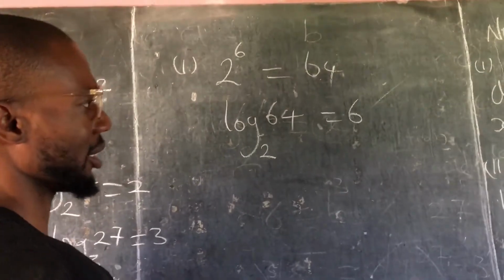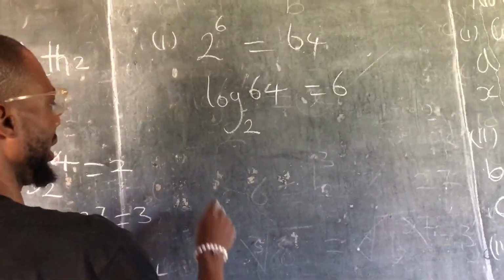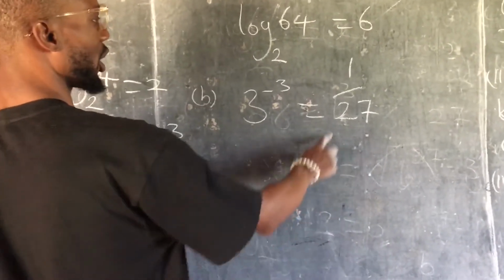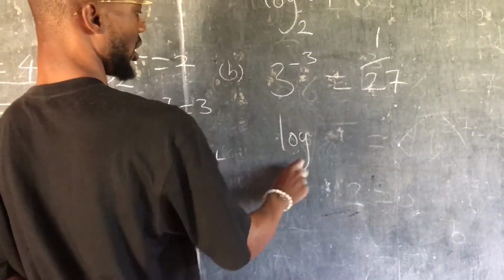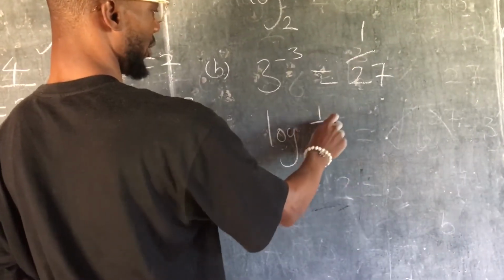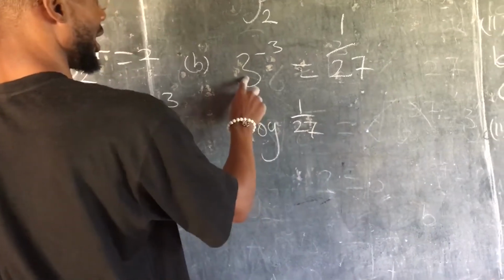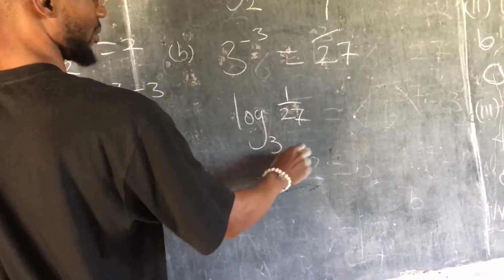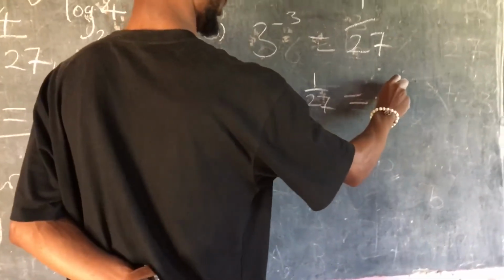The second one, the same thing: we take the log of the number 1/27 to base 3, and that gives us -3.